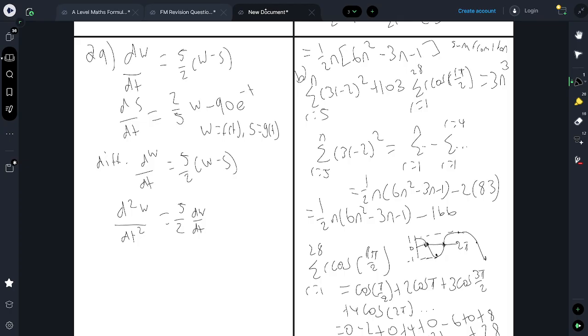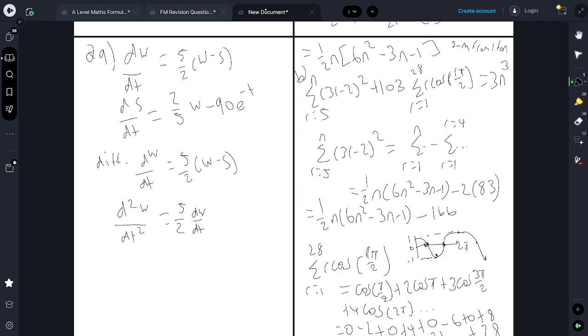So if we differentiate w with respect to t, that's just dw by dt, or f dash of t. The whole idea is to find these two functions, so we get w and s just in terms of t, defined almost like the parameterization. They're initially coupled, but we want to decouple them to get w in terms of t alone, outside of s and w.